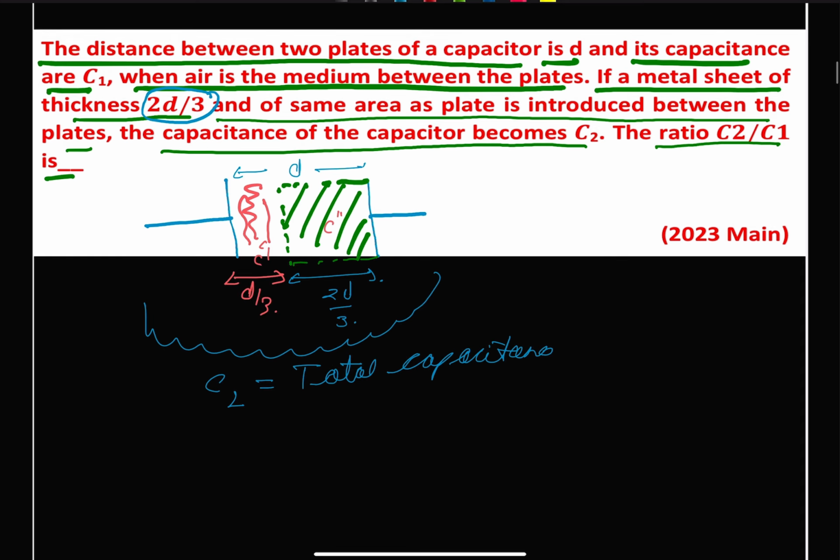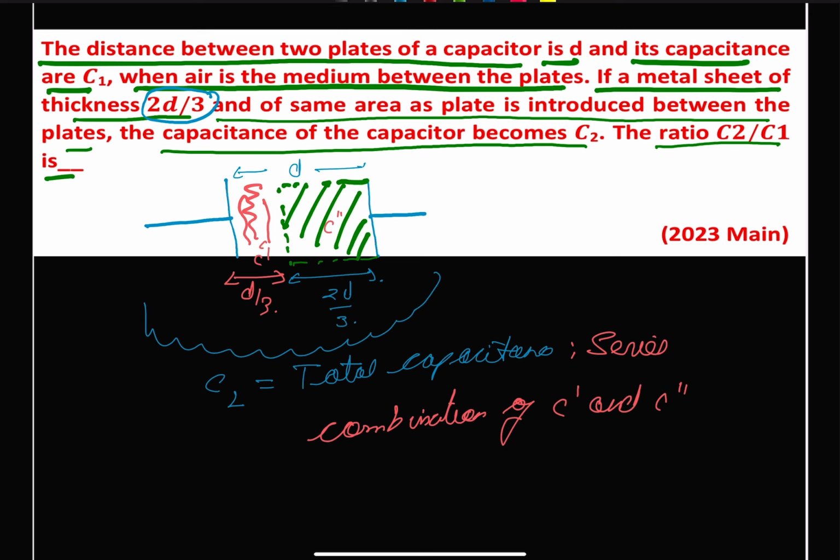So therefore this C2 is the total capacitance, and this total capacitance will be the series combination of C prime and C double prime.